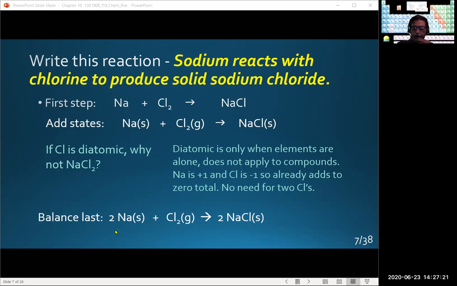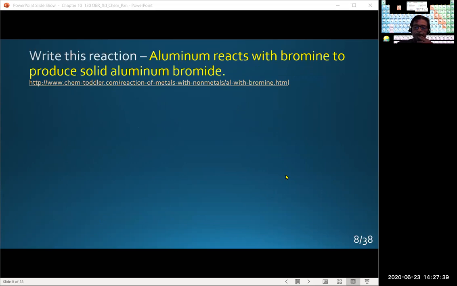This is a fascinating reaction because sodium element is very reactive, and chlorine's a gas. When they react together, you make something you can put on your French fries. All that happened was 1 electron got transferred, 1 tiny electron.